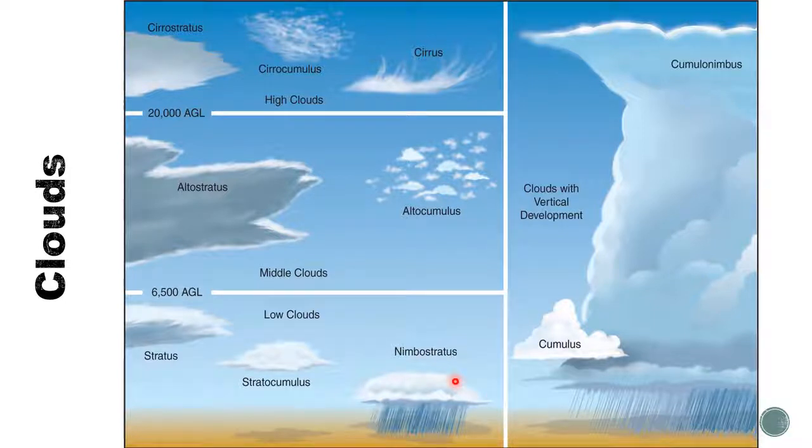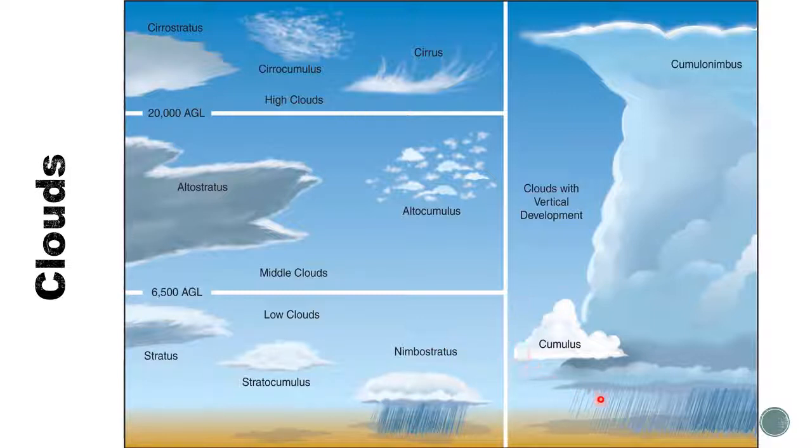So when we look at this, our low clouds, if we have an approaching warm front, first thing we're going to see are stratus clouds, then a mixture of our stratocumulus clouds, then we'll see our nimbostratus. That's the way we know a warm front is approaching.